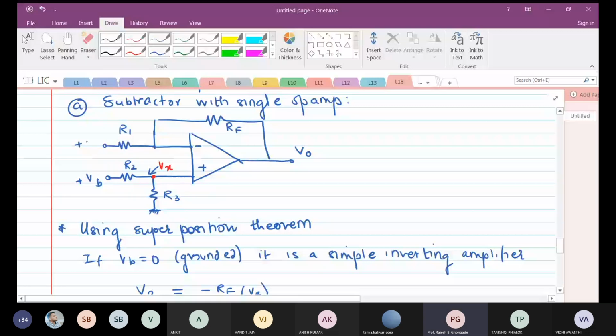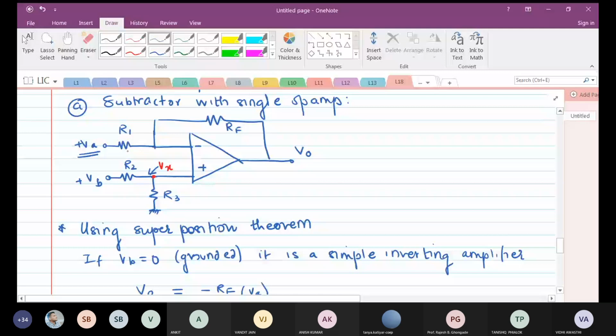Look at the Va input. Whenever we have the input Va, which is nothing but your source of some kind, what does it see?